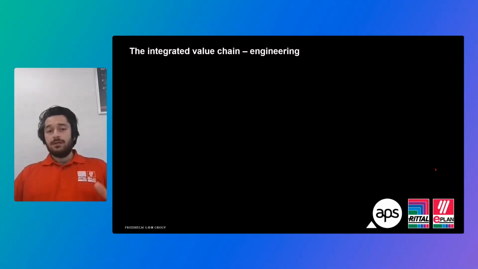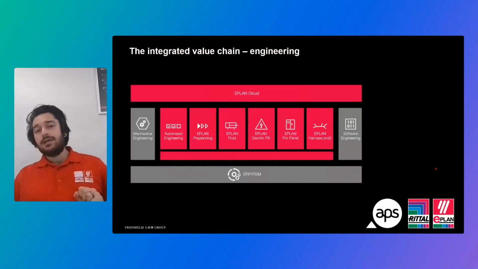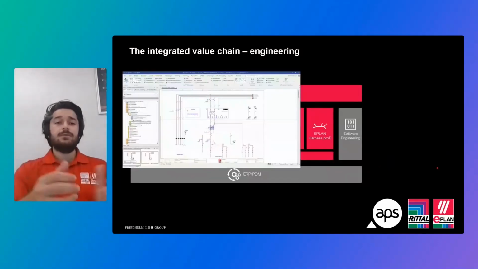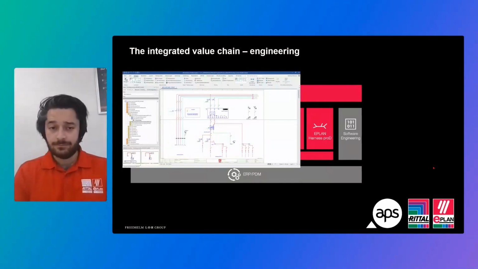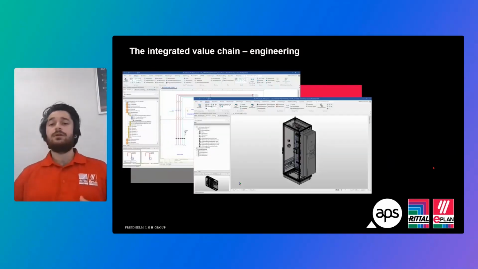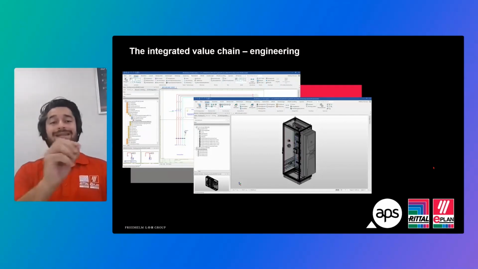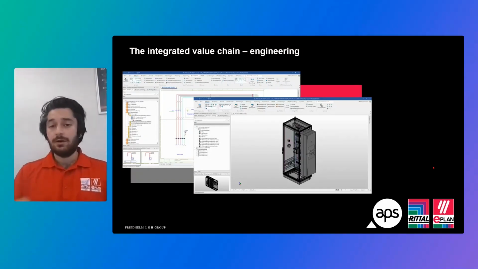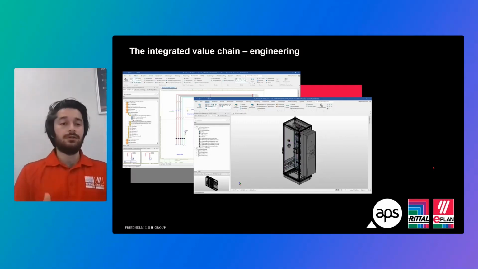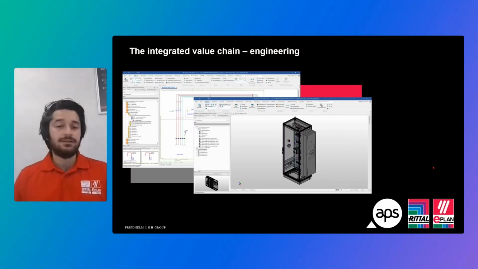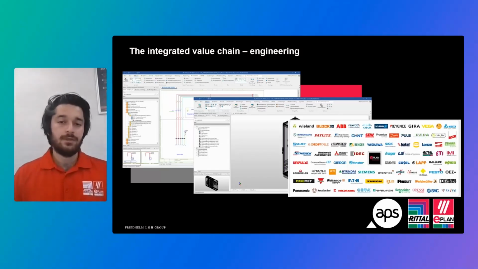So how does it all come together? Using the Eplan portfolio, you start with the schematic side using Electric P8. Once you're done, you move on to the 3D control cabinet layout using Pro Panel. At any point in this process, if you need a device or part, whether on the 2D or 3D side, you can always go to the Data Portal and find parts there.